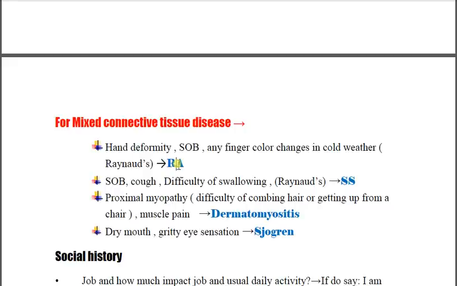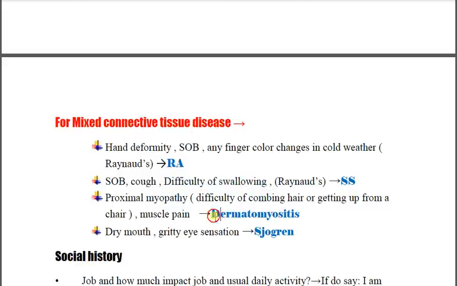So for rheumatoid arthritis, ask about the hands, and any shortness of breath or cough, because rheumatoid can be associated with lung fibrosis, and finger color changes in cold weather. All of these have been asked before, no need to ask again. For systemic sclerosis, you have to ask about difficulty of swallowing, or maybe shiny tight skin as well.